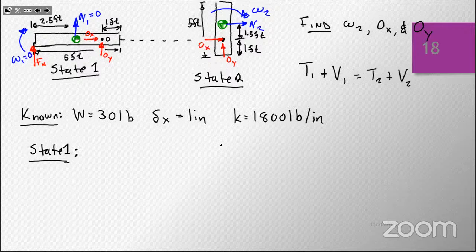Do we have any in state 1? It's all potential to start with, because in state 1, everything's 0. So T1 is 0. What about my potential? What do I have as potential energy in state 1? Just state 1.